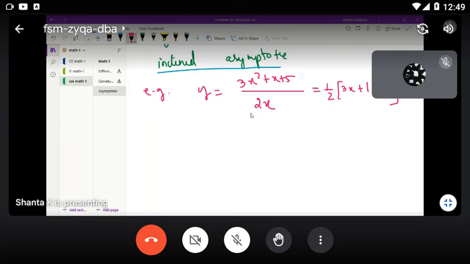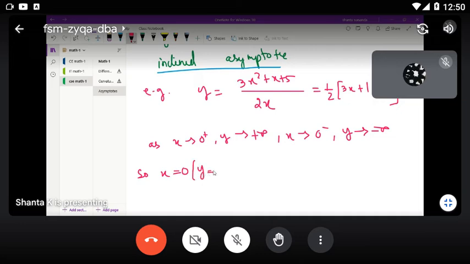So here, as x approaches to 0, y approaches to infinity. Okay, so as x approaches to 0 plus, y approaches to plus infinity, and as x approaches to 0 minus, y approaches to minus infinity. Okay, so therefore x equals to 0, which is same as the y axis, is a vertical asymptote here.